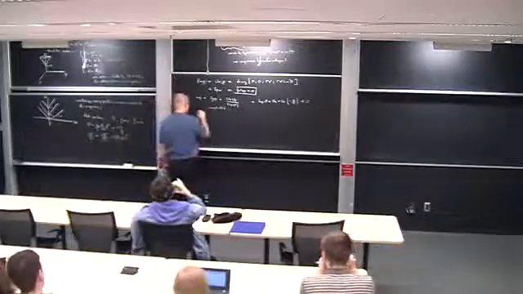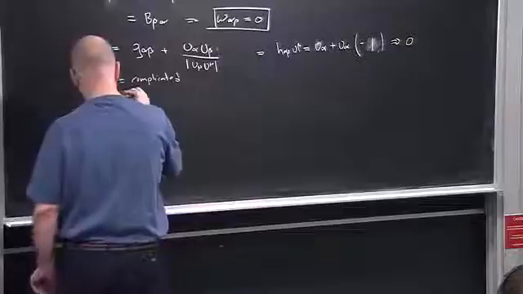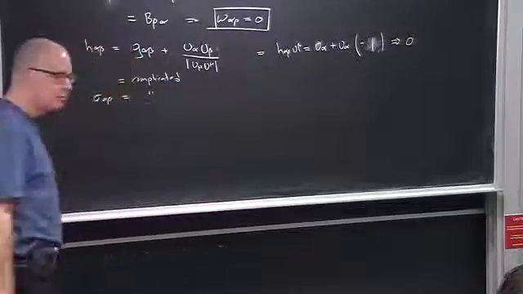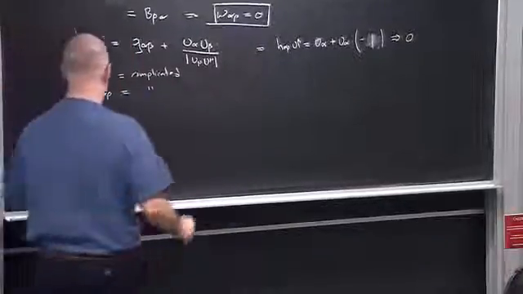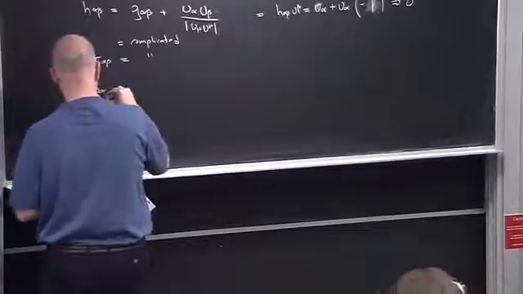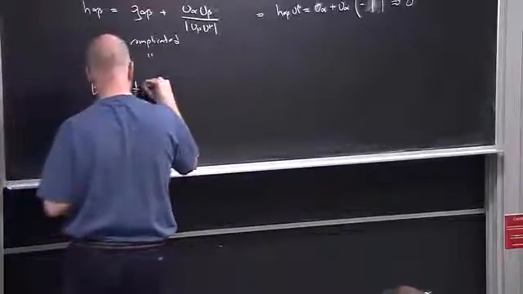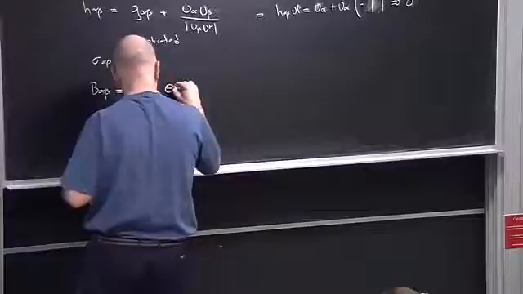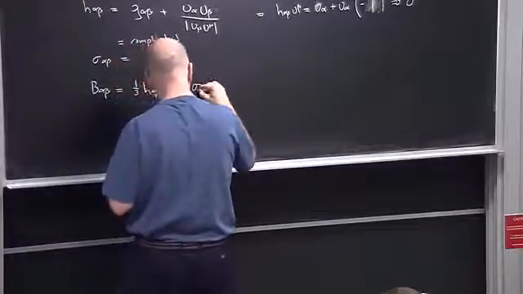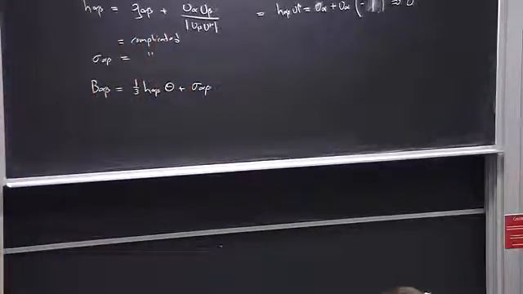The shear tensor is also complicated. So what I'm doing here is to decompose B alpha beta in terms of its irreducible pieces, and there's no rotation tensor, so I don't put it in.